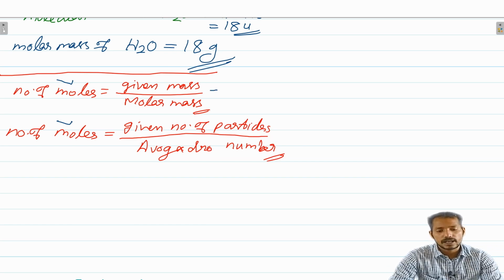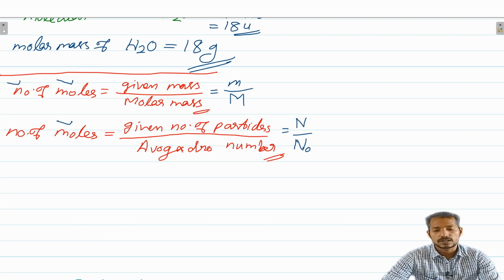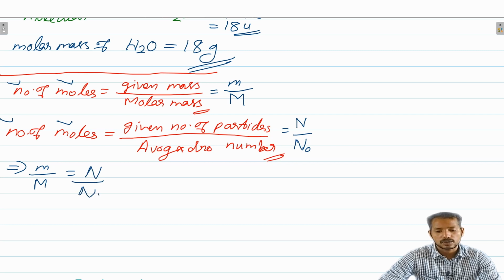Now we can simplify like this. Given mass we can represent by small letter m and molar mass by capital M. Similarly, the given number of particles we can represent as capital N and Avogadro number by N0. And the LHS of both equations are equal, so obviously the RHS also equal. So we can equate: m divided by M is equal to N divided by N0.